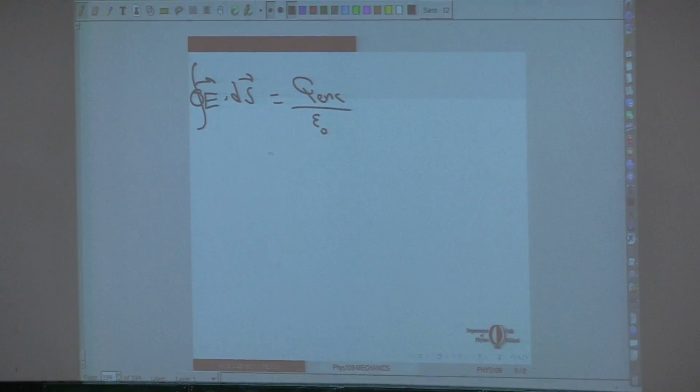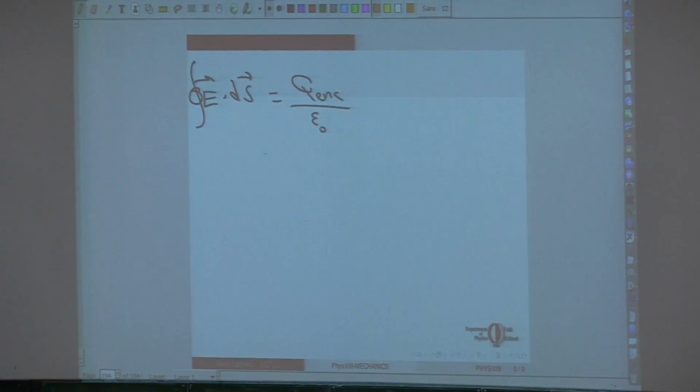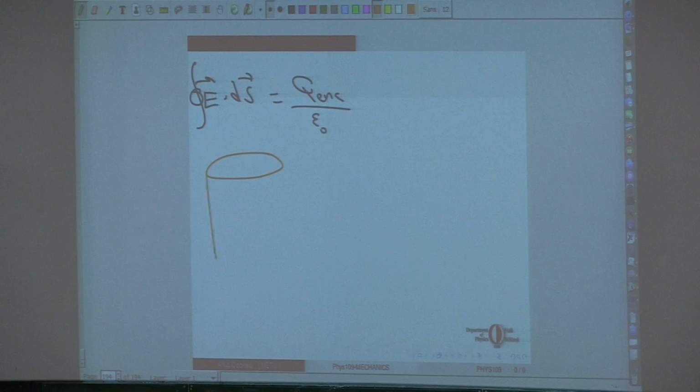I choose this as my Gauss surface. Its radius is, let's say, rho. I know that at every point on this surface, the electric field's magnitude depends on rho, which is just a constant on the sides, and it is in the rho hat direction.